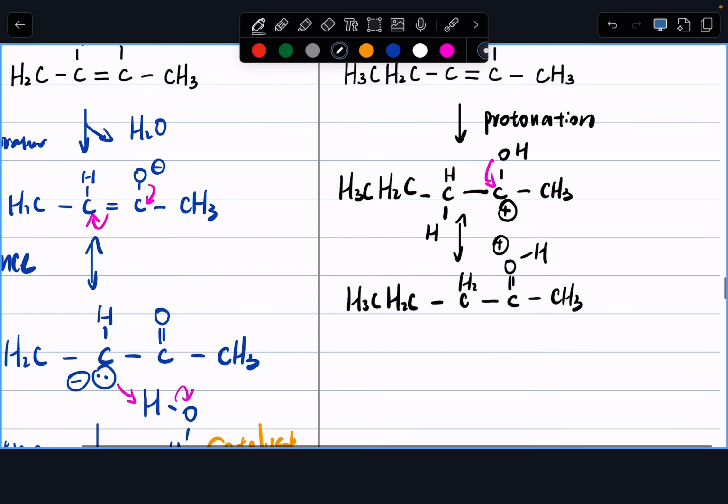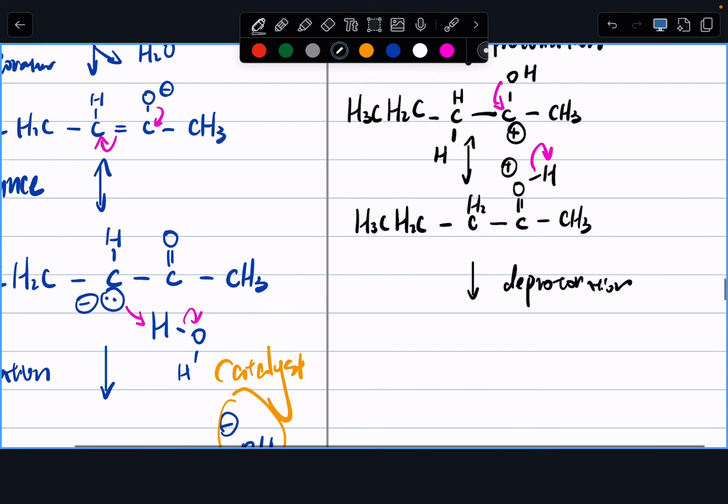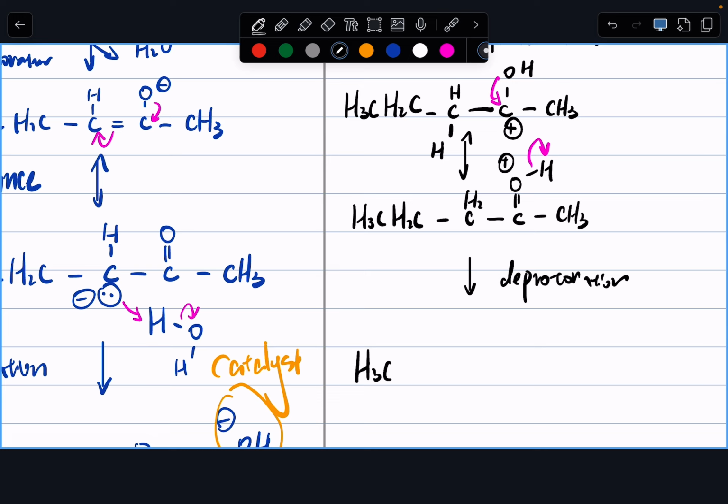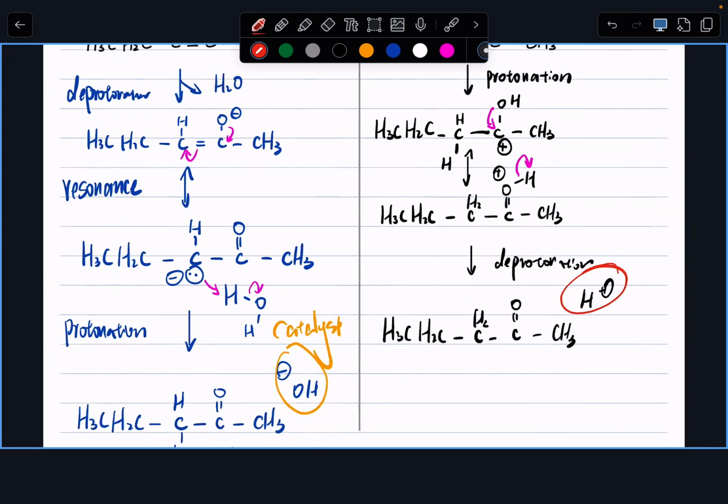And the next step will be deprotonation, to regenerate our catalyst. So what we end up getting, and your H+ is regenerated.